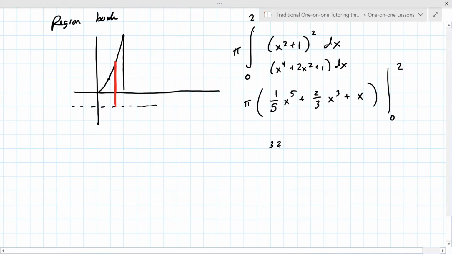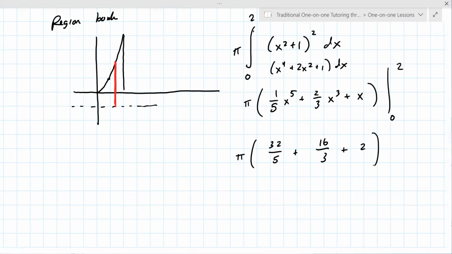So then that's 2 to the 5th. 2 times 2 is 4, 4 times 2 is 8, 8 times 2 is 16, 16 times 2 is 32. 32 fifths plus 2 times 8 over 3 plus 2. So 32 fifths plus 16 thirds plus 2.